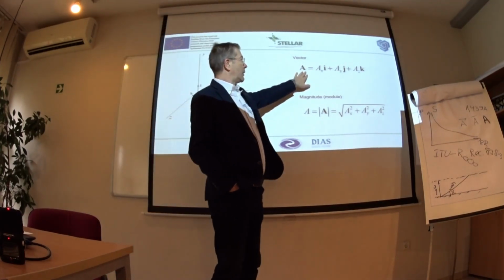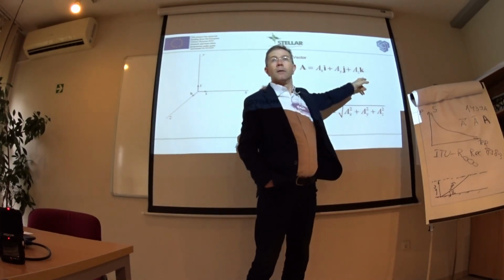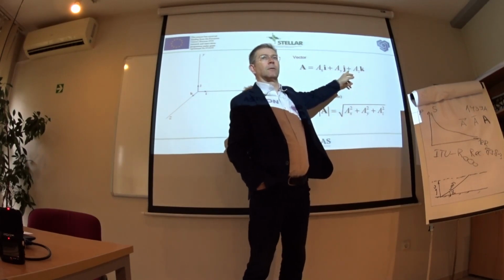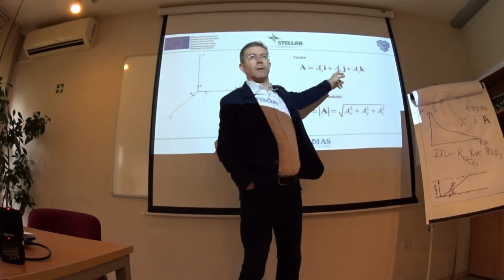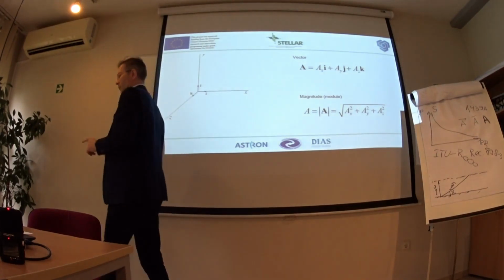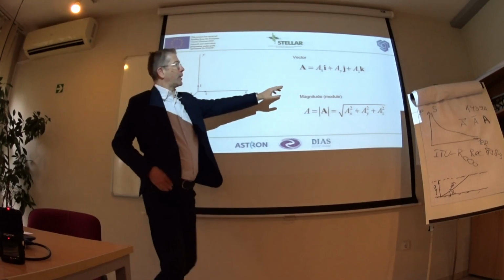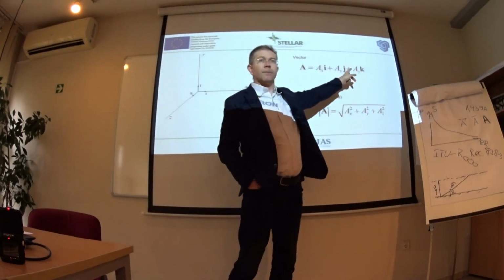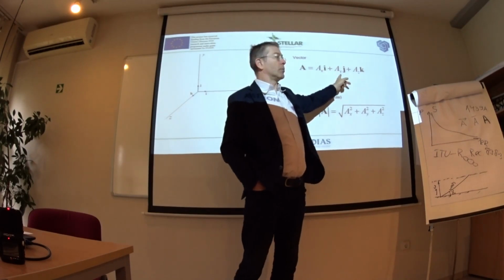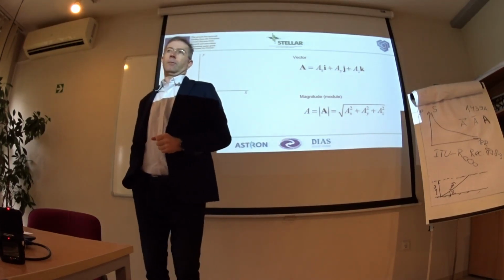And to describe a vector, we need a set of three. How are these called? Components. Basis or unit vectors, each for one of the coordinate axes, and we have three numbers: component on x, component on y, component on z direction.